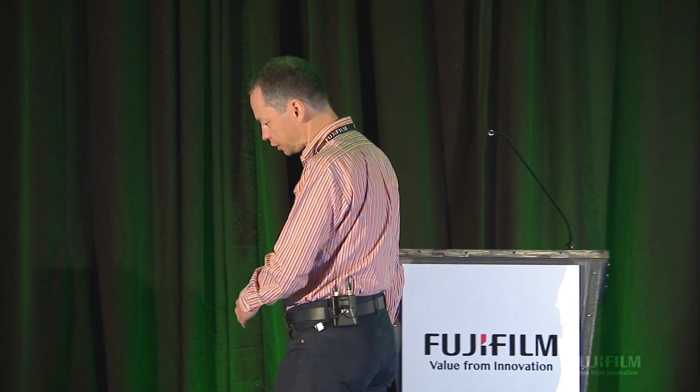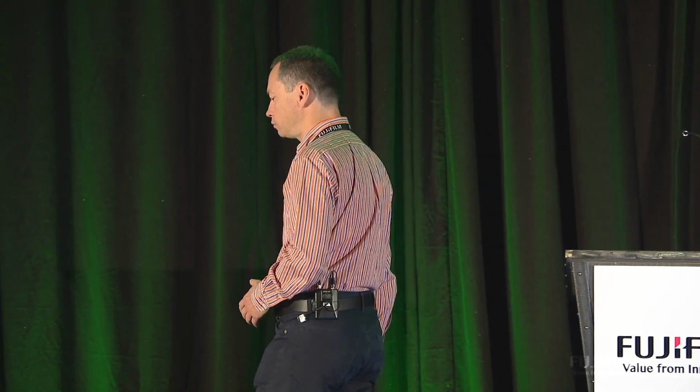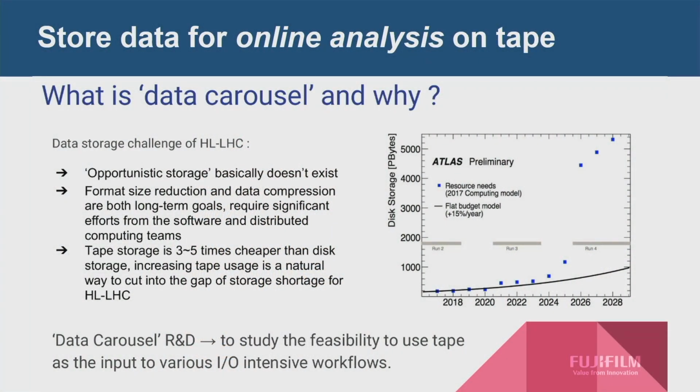Now coming back to CERN, what is the outlook for our archive? This is a chart from one of the experiments, in particular the Atlas experiment, where they discuss the disk storage needs based on their 2017 computing model.